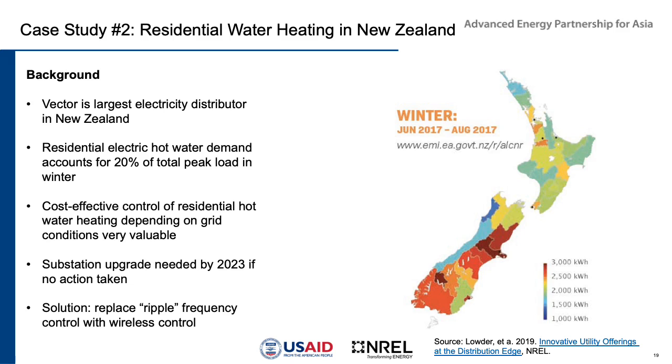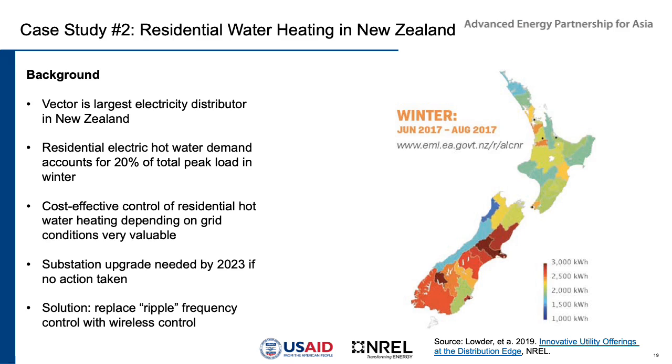But it's very clumsy in a way. It can't target specific users or focus on regions where grid overload is the highest. So instead, Vector came up with a wireless way to control hot water heaters at very low cost, and they could have much more granularity in which hot water heaters they turned on or turned off.